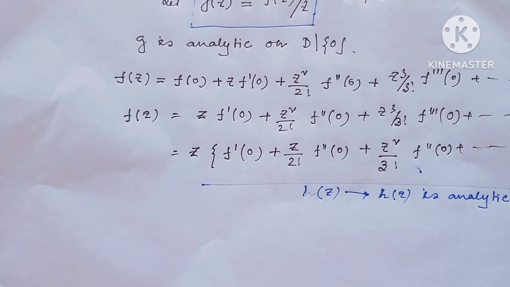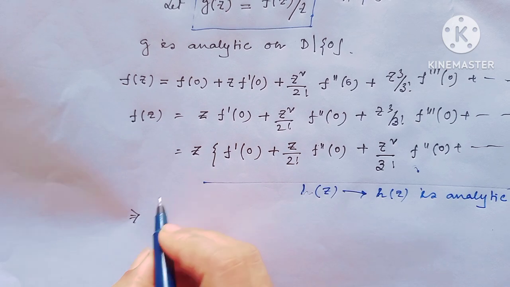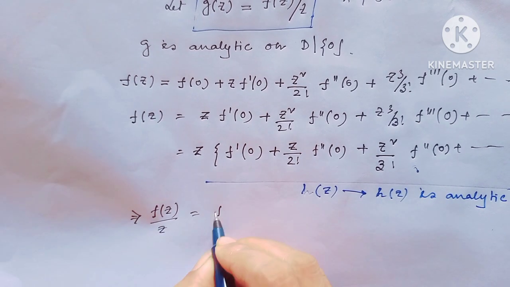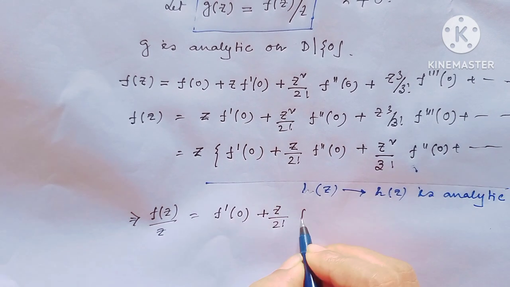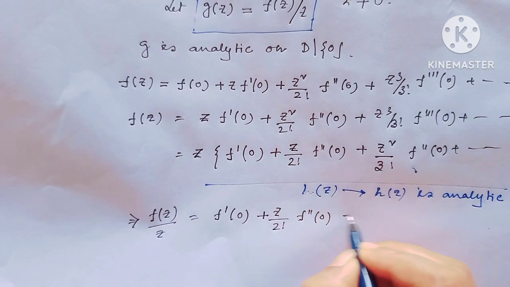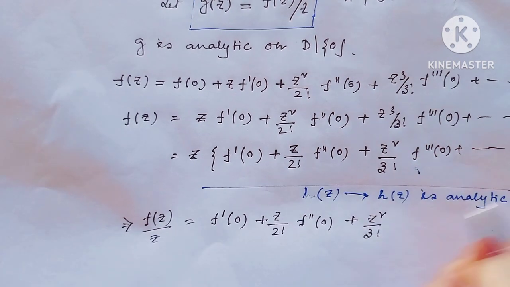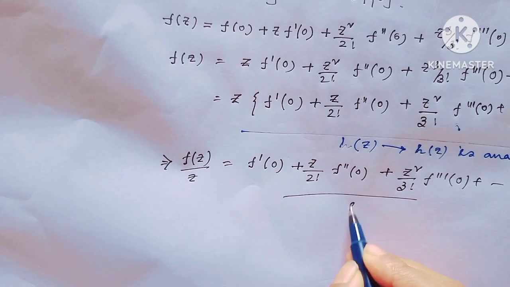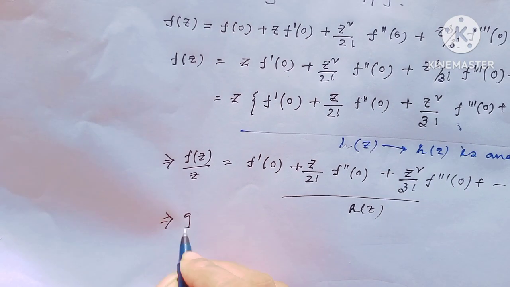Therefore, notice if we divide this, fz over z equals f dash 0 plus z over 2 factorial f double dash 0 plus z square over 3 factorial f triple dash 0, and so on. And this is Az, and fz over z is nothing but Gz.